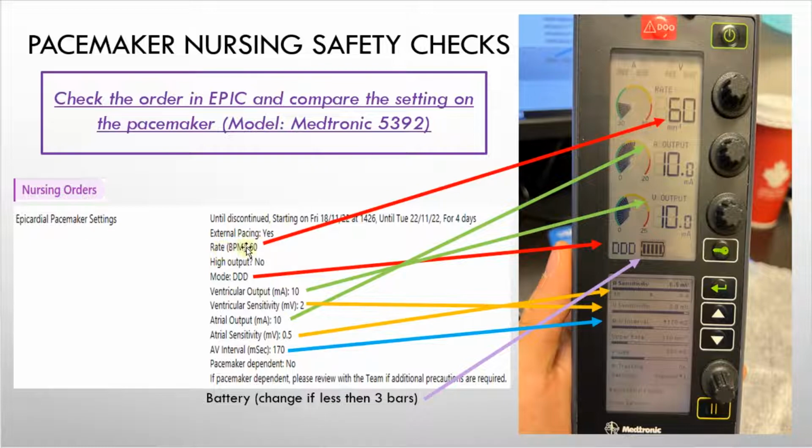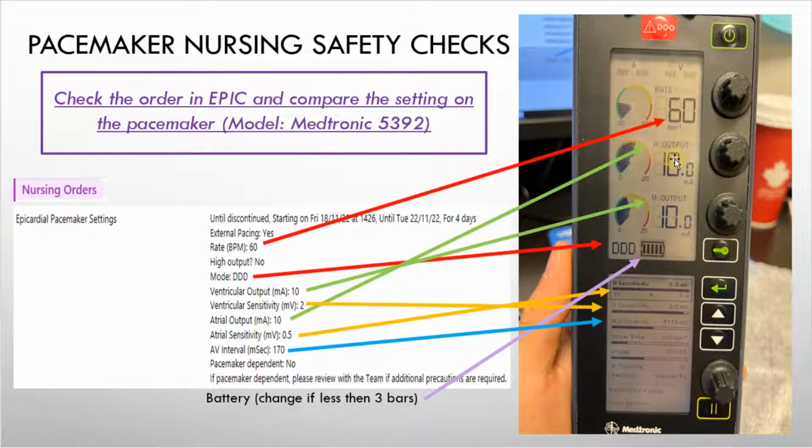Okay, so the rate 60 right here, check. Mode triple D right here, right beside the battery indicator. And since we're talking about the battery indicator, which has 5 bars, right? You're gonna change the battery if the bars are 3 or less. Okay, ventricular output of 10, ventricular output 10, great. Then we have ventricular sensitivity of 2, sensitivity 2 right here.